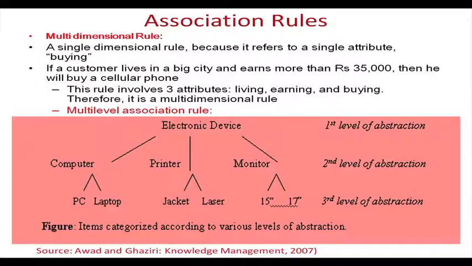So, then you go to the fourth level of abstraction also, right. Based on that you are going to associate whether the person is going to buy certain things or not. So, when you are going to take a decision, you make certain rules, and if you are classified within that rule, then you are going to do it, otherwise not. So, these are the association rules.